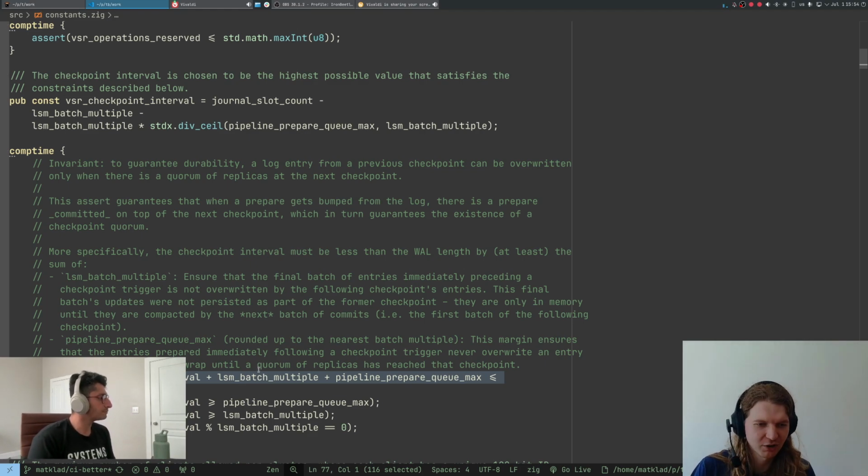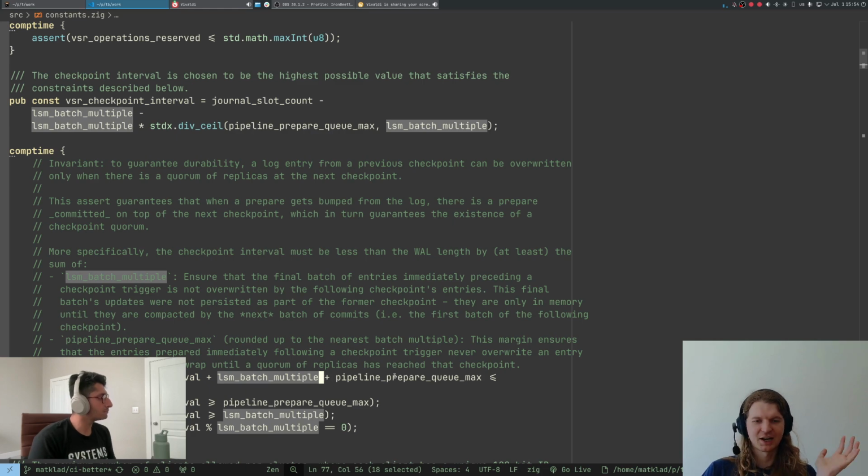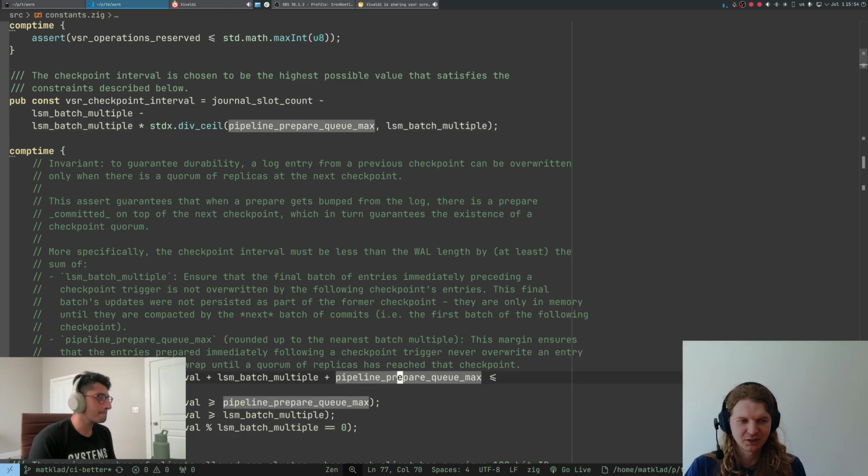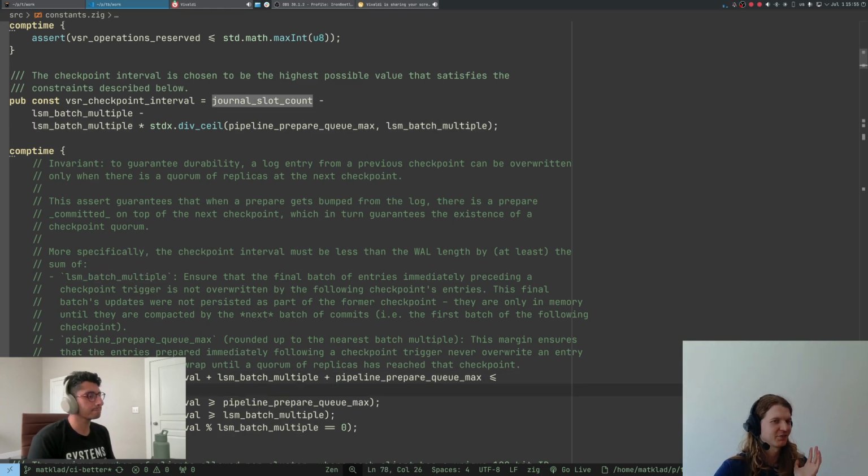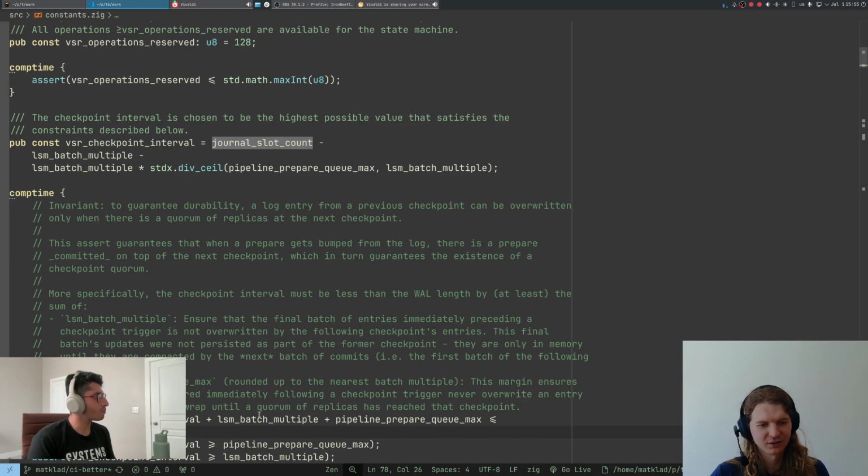We say that checkpoint interval plus compaction interval plus pipeline must fit in the write-ahead log. But then we actually derive checkpoint interval from this equation as maximum.